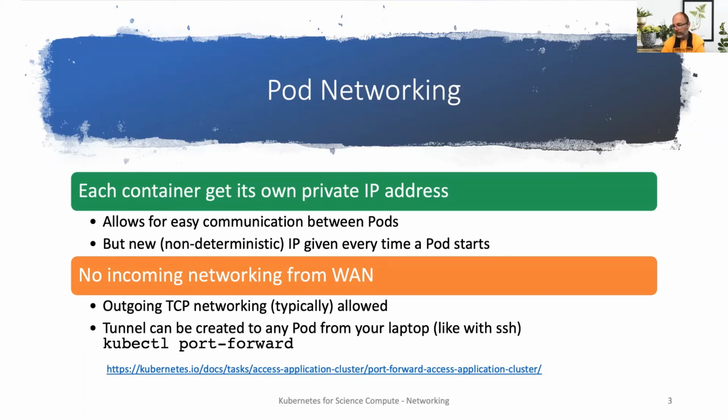The only slightly annoying thing is that every time you start a new container, actually, I'm not sure if it's container or pod, you get a new IP, which is completely non-deterministic. It may be sort of deterministic in certain clusters, but in principle, you don't know what IP it will be until your pod is started. So you would need to have some secondary channel to figure out where those IPs are in order to talk to each other.